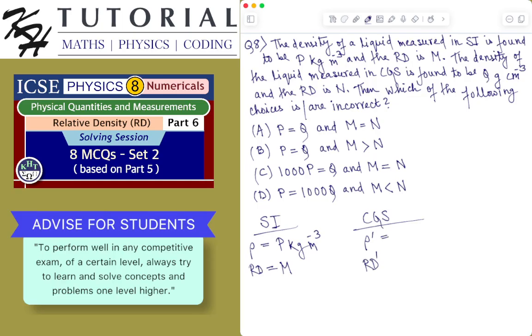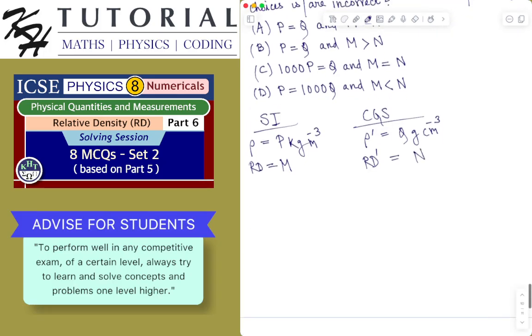In the CGS system, the density of the liquid is Q gram per centimeter cube, and the relative density measured in the CGS system is capital N.